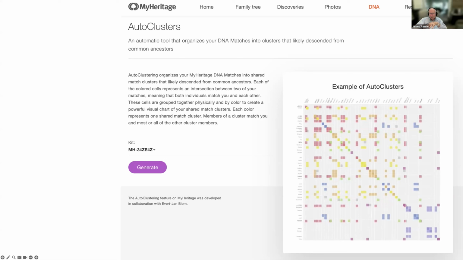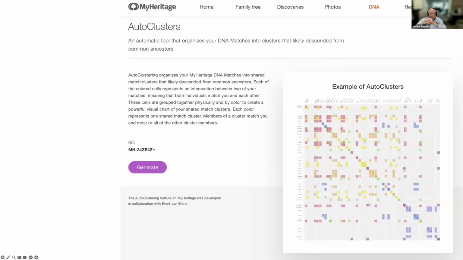So as you're looking at this chart, it has the names of some of the people who match across the top and the names of the same people down the side. The markers tell who each person has a relationship to.